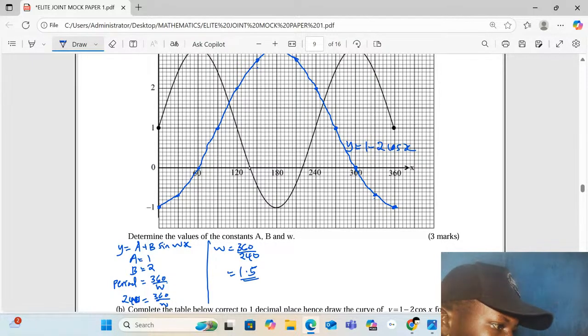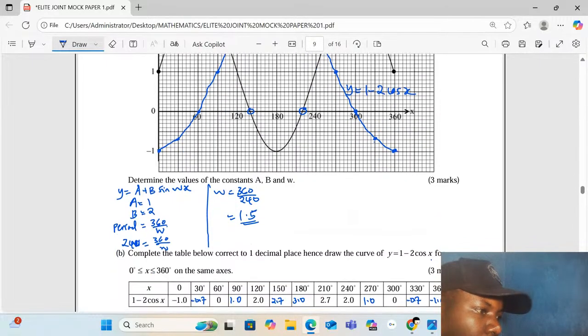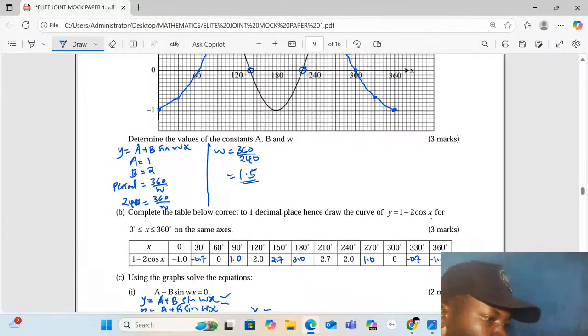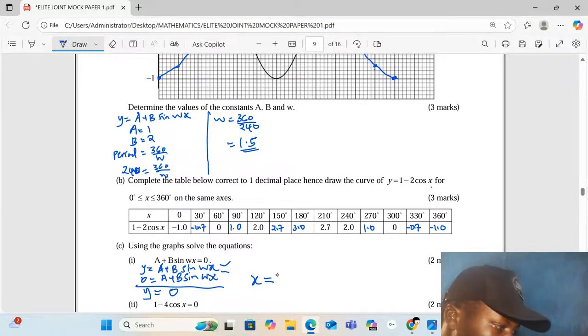Here it is, this point, and another point. So when you look at these points where this graph is cutting the x-axis at y = 0, your values of x are going to be 2. The first one is around 140. So the first value of x is going to be 141.